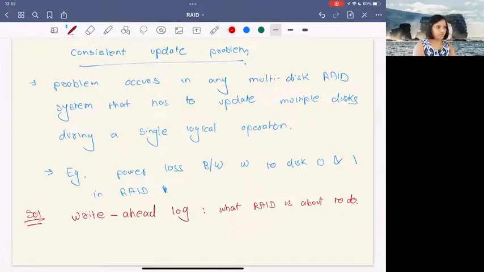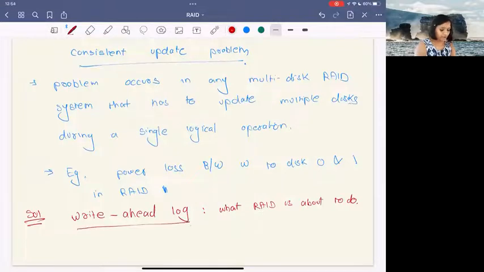So in the case of a crash, the right thing will happen by running recovery procedures after that. The recovery procedures can replay all the pending transactions that were about to happen to RAID, but didn't happen.